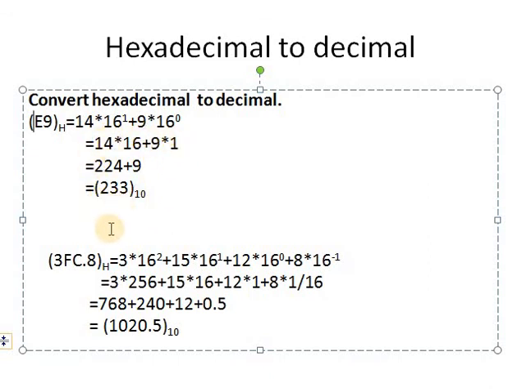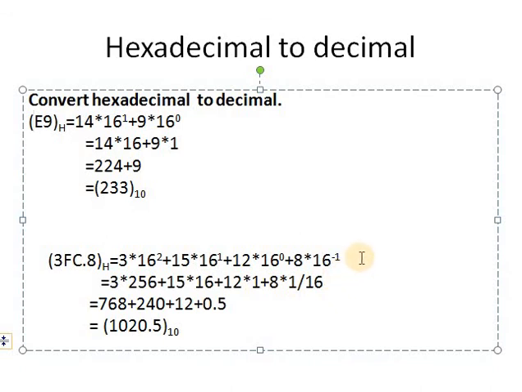Now we will see the fractional part. So see here, 3, then C as the value. What is the value for C? 12. Plus from here, 0.8, so 8 into 16 power minus 1. If there is another number here, like 9, it will be 9 into 16 power minus 2.